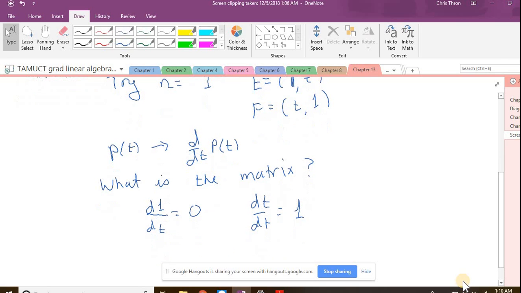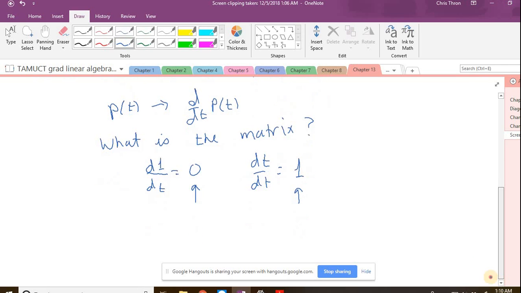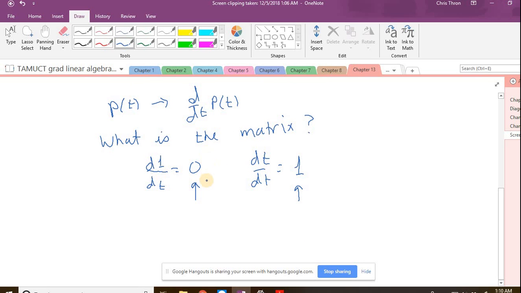All right. So what you have to do now is write this in the F basis. So you have to write this as a linear combination of the two F vectors, which are t and 1. And this is also a linear combination of the two F vectors, something times t plus something times 1.